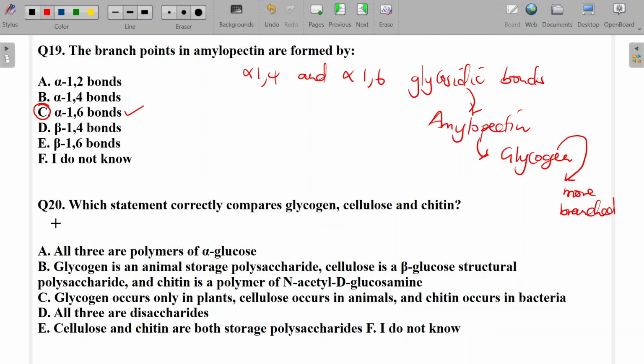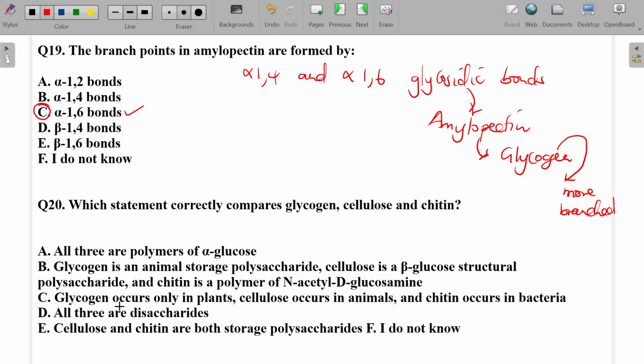Okay, question 20. Which statement correctly compares glycogen, cellulose, and chitin? A. All three are polymers of alpha glucose. B. Glycogen is an animal storage polysaccharide, cellulose is a beta glucose structural polysaccharide, and chitin is a polymer of N-acetyl-D-glucosamine.